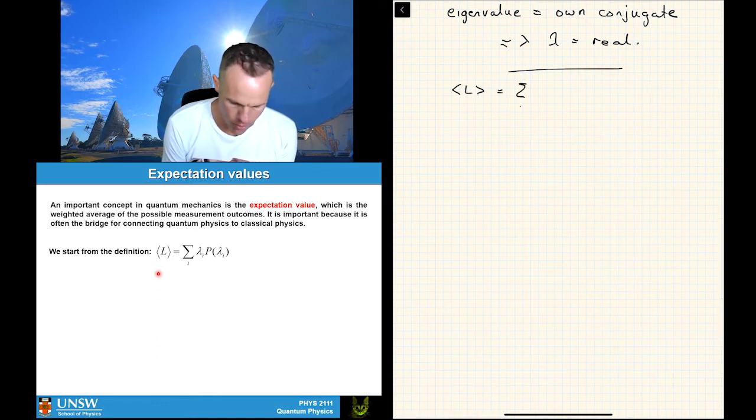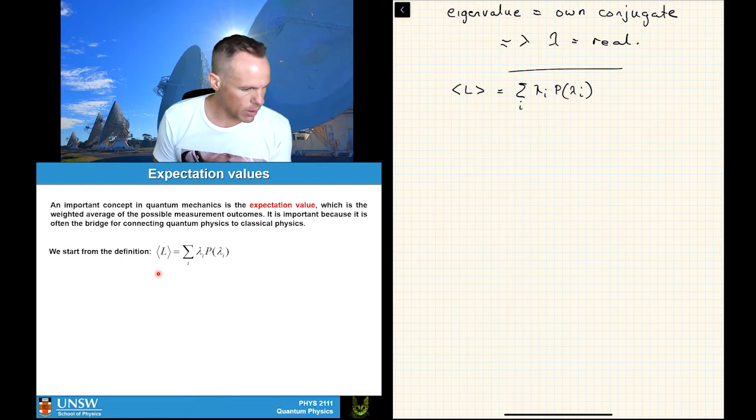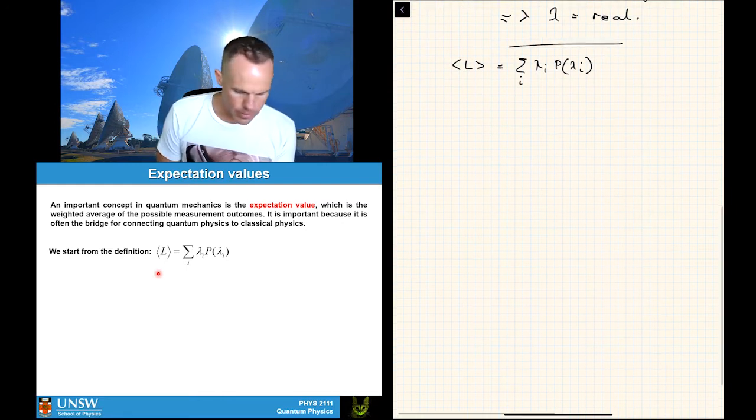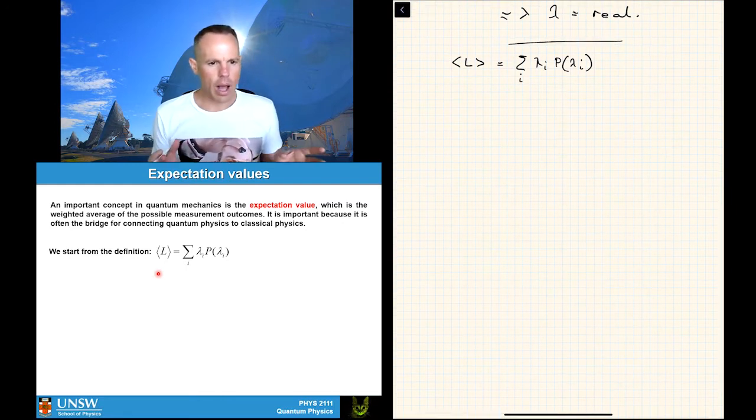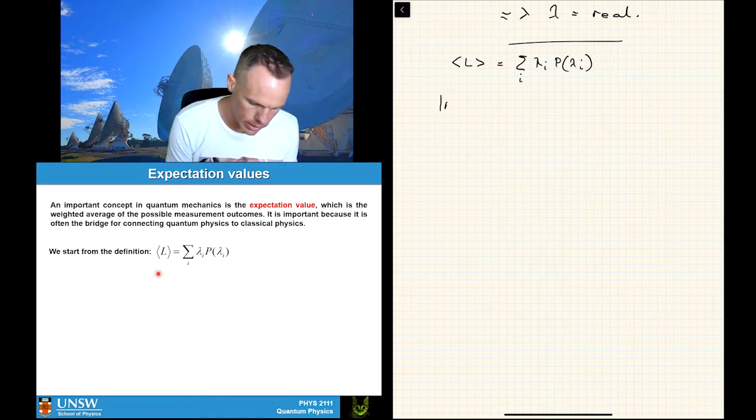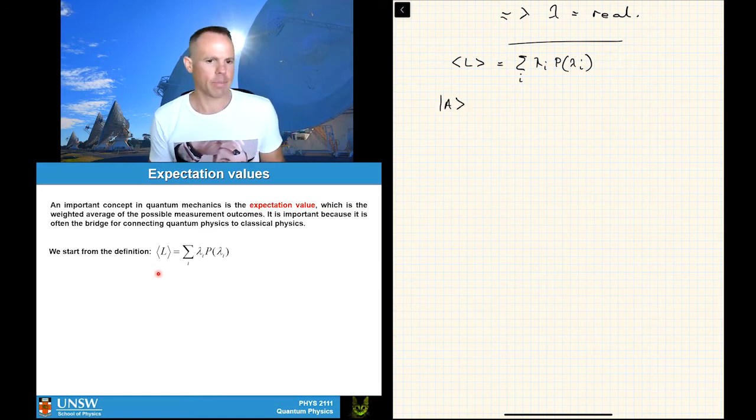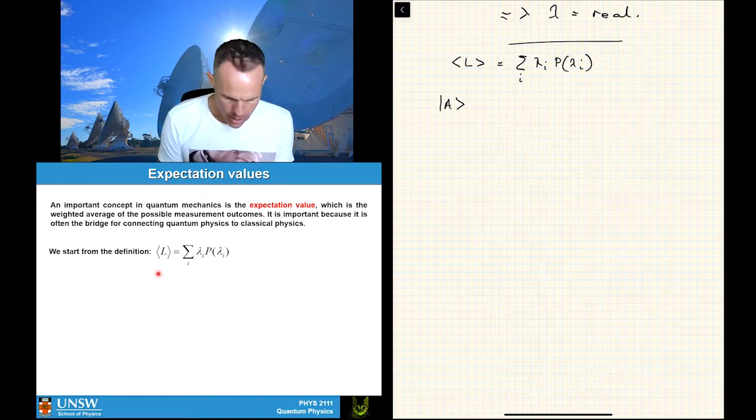Okay, so what we have here, let's write down our starting position. It's the sum over i of lambda i, P of lambda i, just so that we've got it down on our notes. Okay, so what we can do is we can consider some arbitrary state of the system. And this is now where we start to use kets like A for arbitrary, okay?